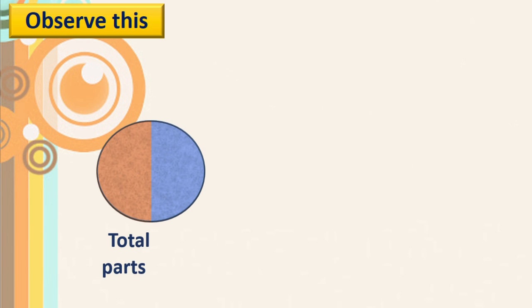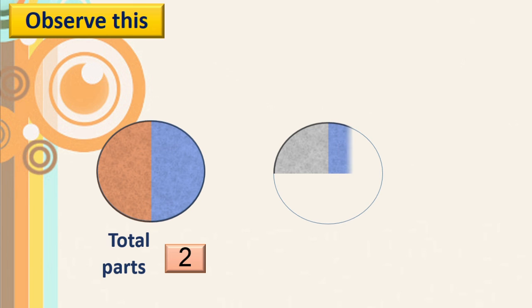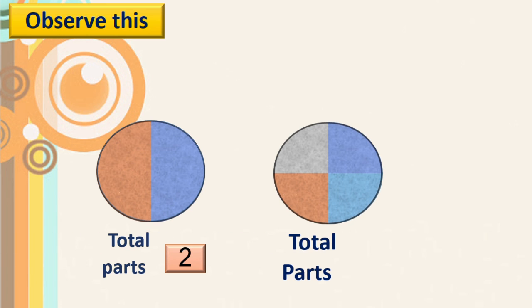See here. Okay, this is blue color, orange color, total parts are 2, and here also you can see this is divided into 4 equal parts with different colors, right? Now we will go through only the blue color.